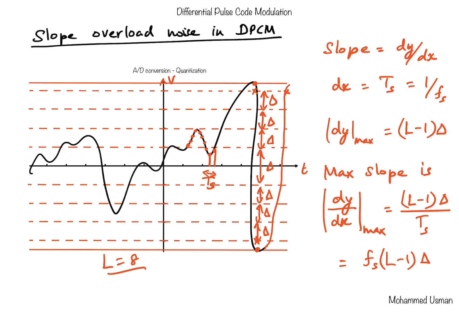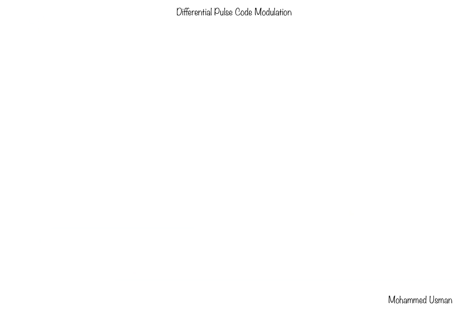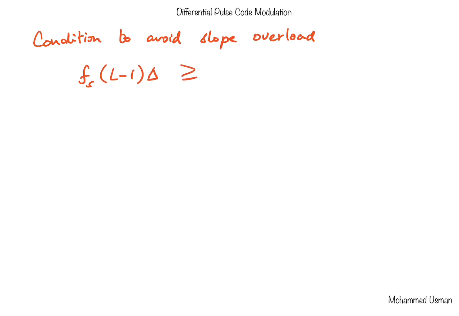So the condition to avoid slope overload is that this Fs times L minus 1 times delta should be chosen to be at least the maximum slope of the input signal that we are quantizing, the magnitude of d by dt of m of t, and we'll take the maximum.